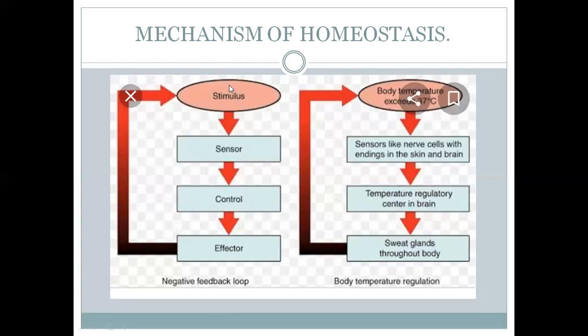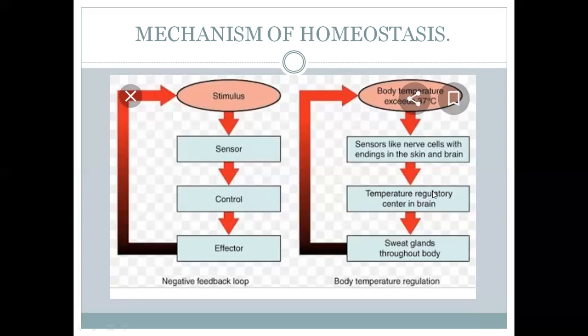Now, for example, if the stimulus is the body temperature exceeding 37 degrees, this is a variable. This variable is going to be received by the sensors in the body, which in this case are the nerve cells, which have endings in the skin and in the brain. These sensors send the temperature change information to the brain. The temperature regulatory center in the brain, write it down, is the hypothalamus.